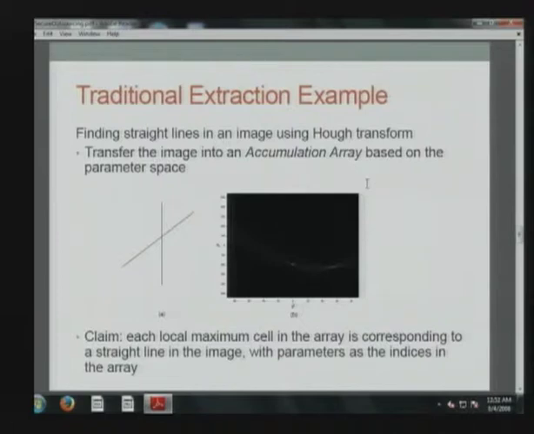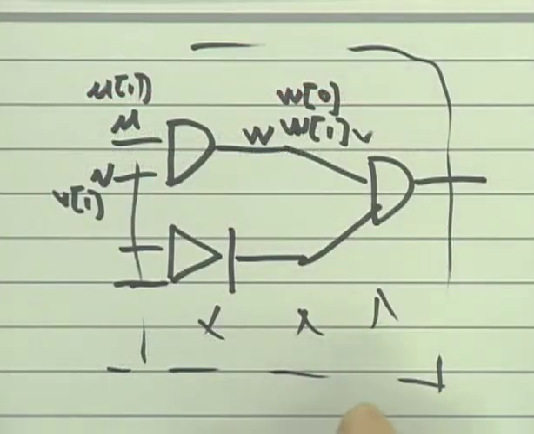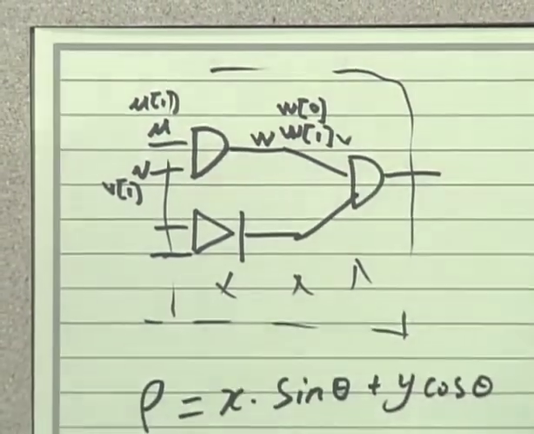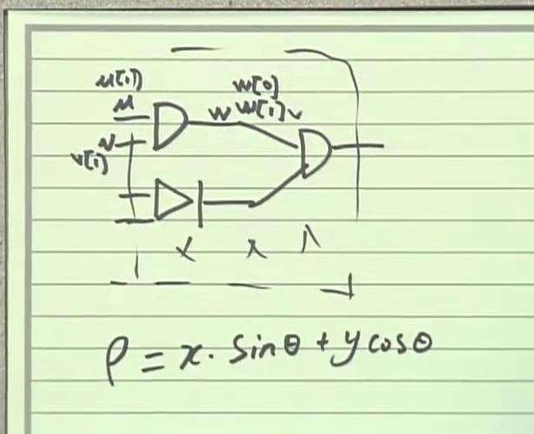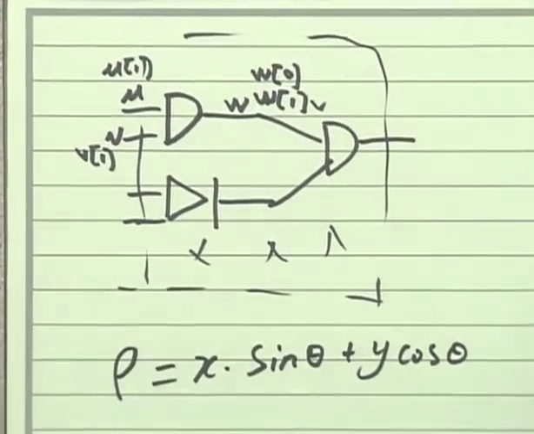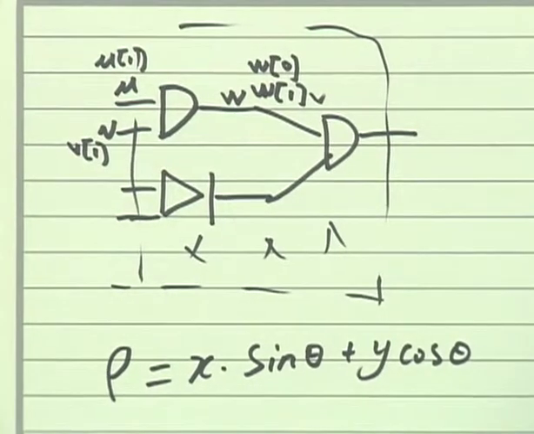For straight lines, there are two parameters to represent a straight line in an image, which are rho and theta. The formula looks like this: rho is equal to x sin theta plus y cosine theta. So we only need two parameters to represent a straight line.